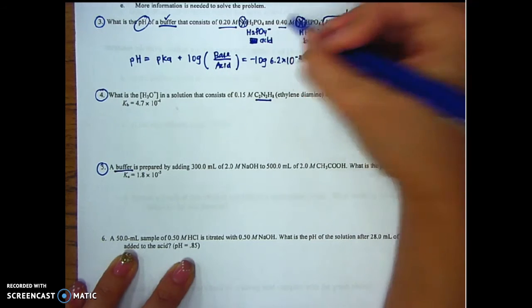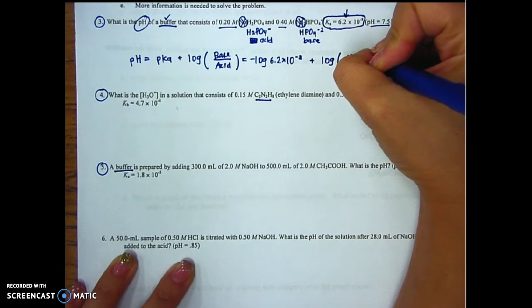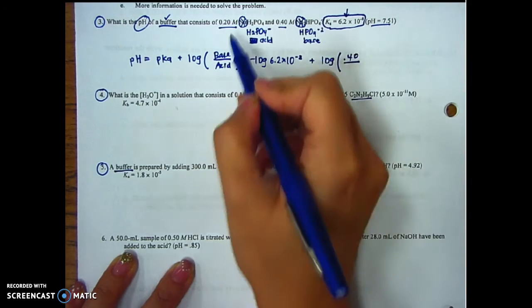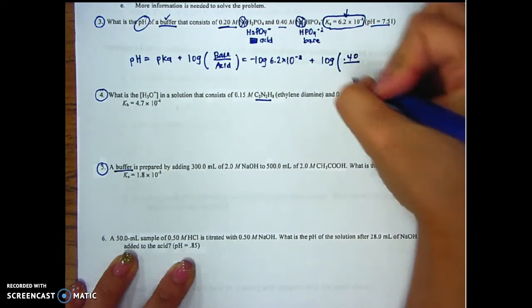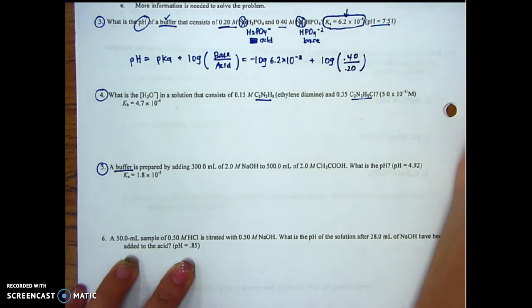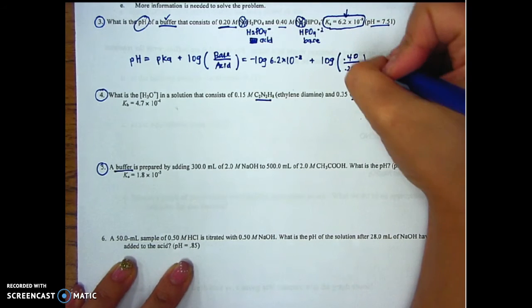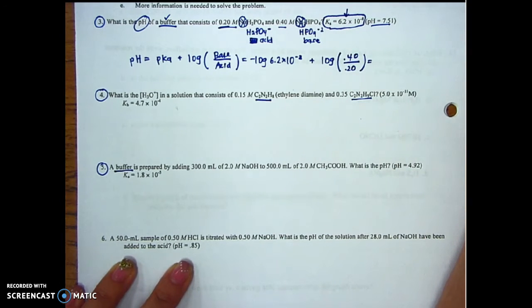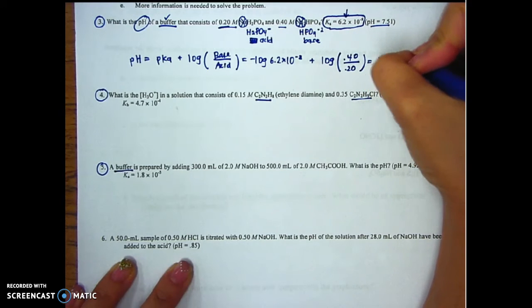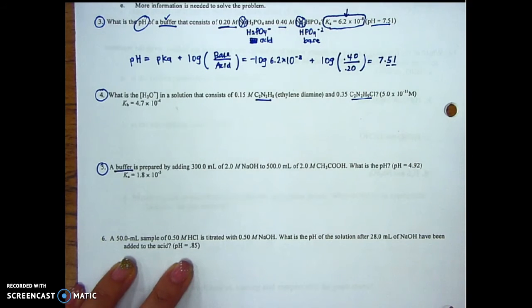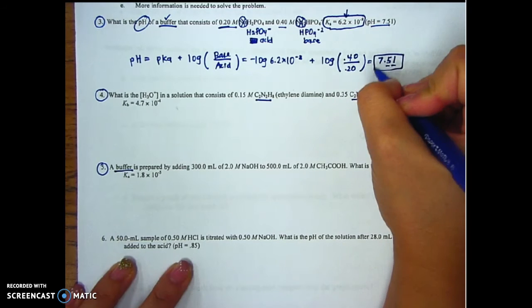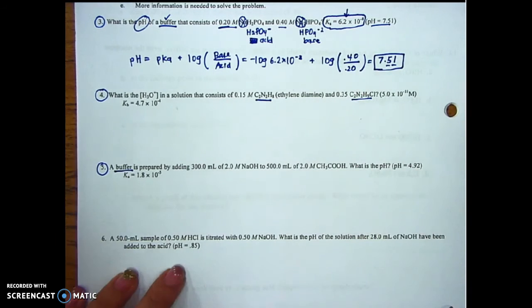The base concentration you had up here is 0.40, and the concentration of the acid we had up over here is 0.20. So basically it's plus log 2. If you punch this all out on your calculator, and we go to 2 significant figures, we end up getting a pH of 7.51. And those right there are our 2 sig figs.